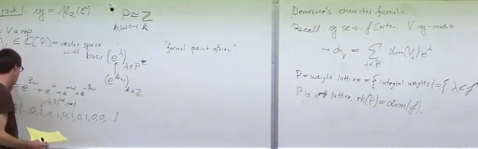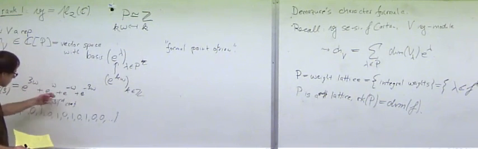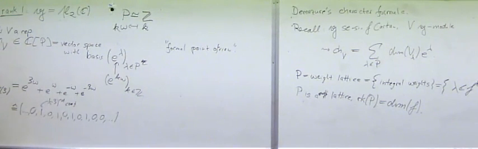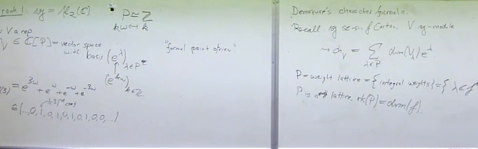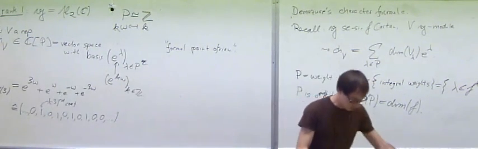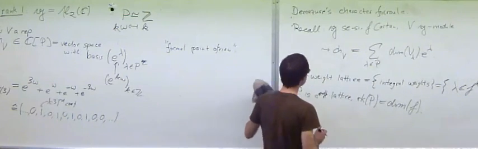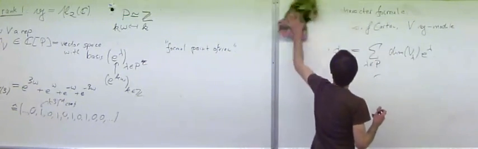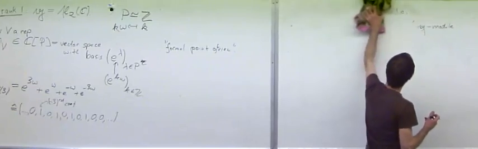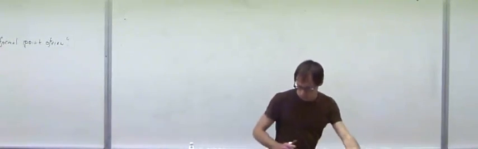Usually people write down characters this way as a linear combination of these e to the something monomials, but if I think about it in terms of linear algebra, I prefer this image of it being an infinite row vector, an element of C to the Z. So let's have a look at another example for rank 2, just to make sure that we understand this correspondence between these characters and these linear algebra infinite objects.